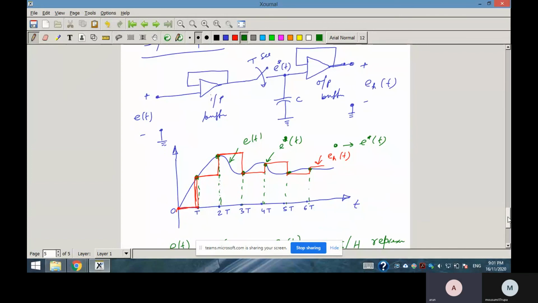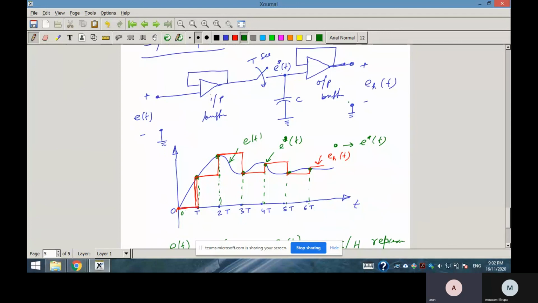Suppose at t equal to 0, what happens? At t equal to 0, e* was 0, so immediately your output will be 0.